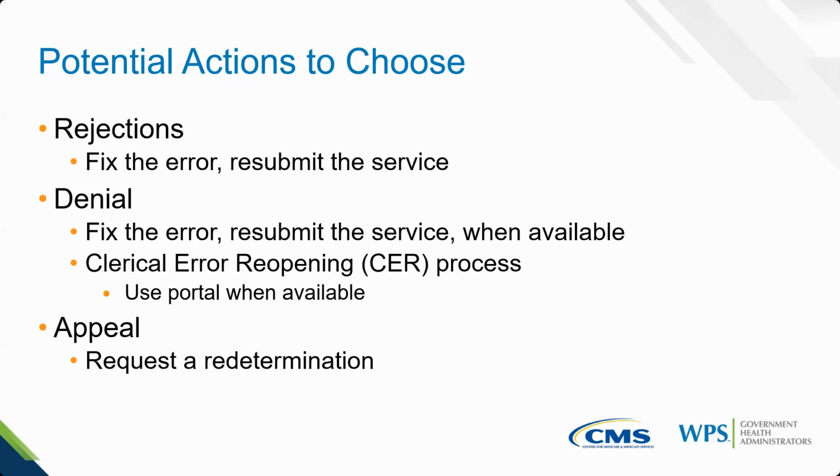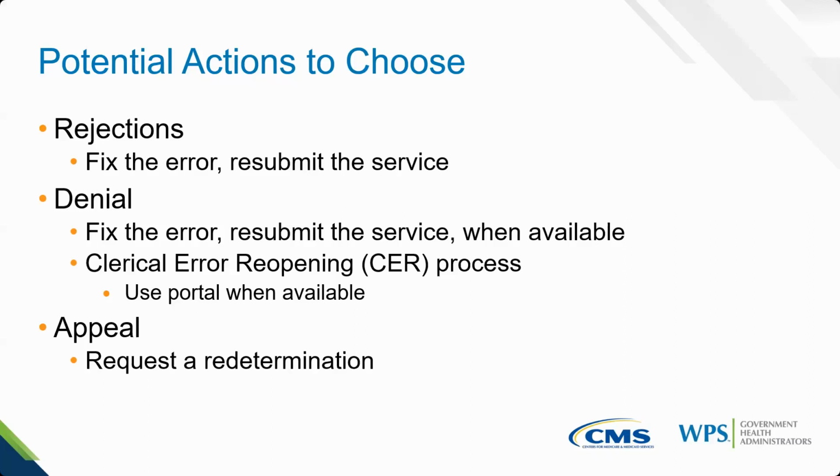But another action to consider is an appeal. The remittance advice is going to provide appeal rights with few exceptions. I'll talk about one of those exceptions later in this webinar. Now, registered users of our secure portal, or transactional portal, the part of our website that's secure where you need to log in, can use that transactional portal to submit a clerical error reopening yourself, or to request an appeal.